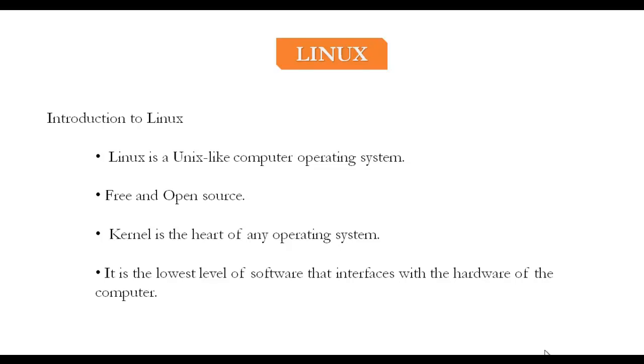You might have heard the word kernel a lot of times. Kernel is the heart of any operating system, and it is the lowest level of easily replaceable software that actually interfaces with the hardware in a computer.